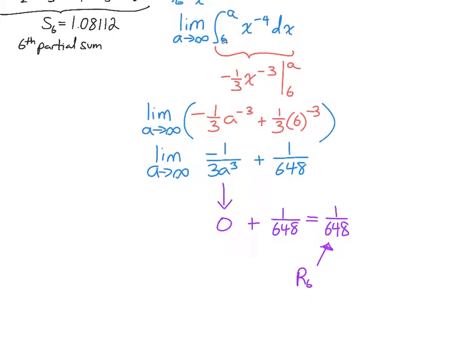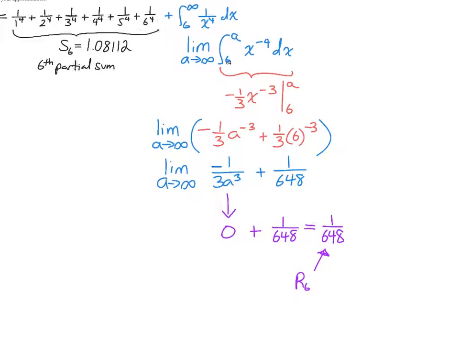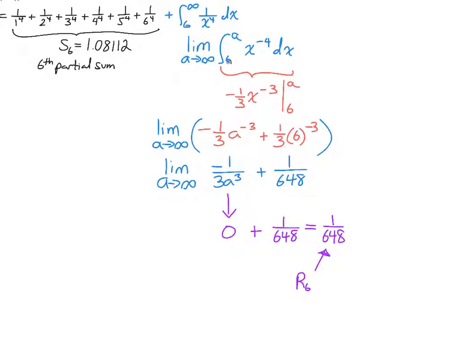So that value there, that's our R sub n, in this case R sub 6. That's the remainder in the sum after the sixth partial sum. So the remainder, if I were to add up 1 over 7 to the 4th, 1 over 8 to the 4th, all the way to 1 over n to the 4th, add all those up, it would amount to no more than 1 over 648.